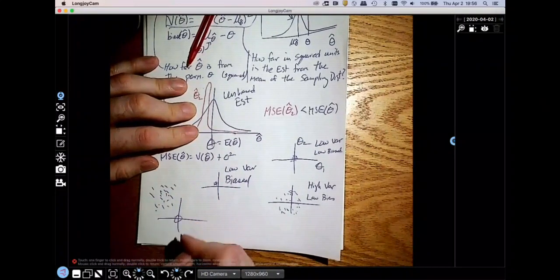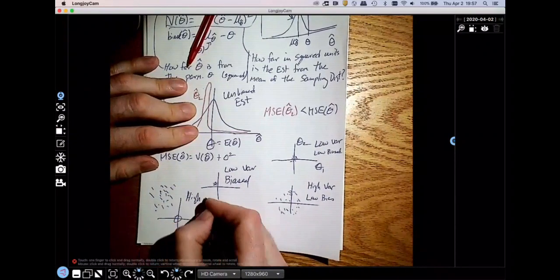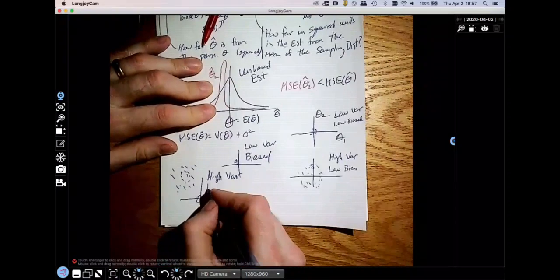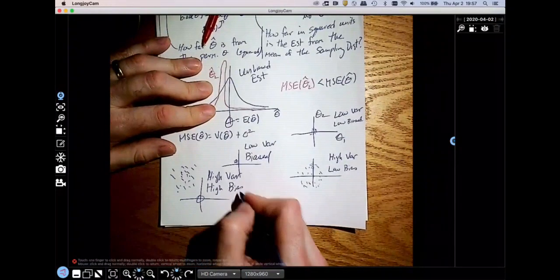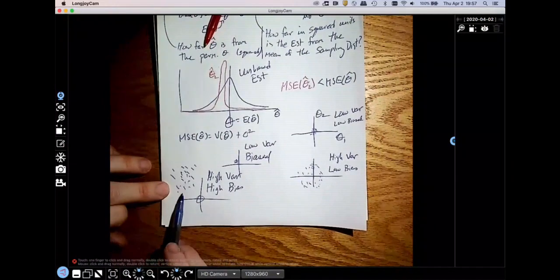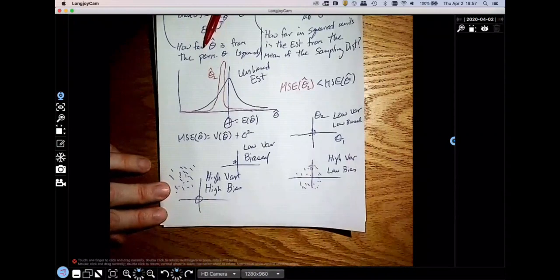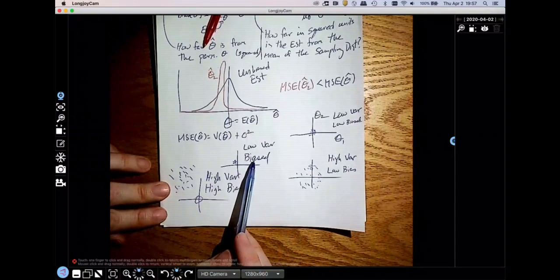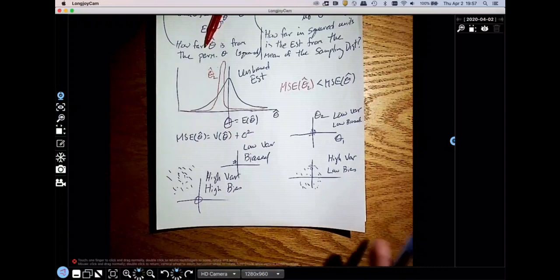So if this is our target down here, this would be high variance and high bias at the same time. So this would be a dreadful estimator. This would be a great estimator, and then we can argue about whether we prefer something that's low variance but biased, or whether we prefer something that's low bias but high variance.